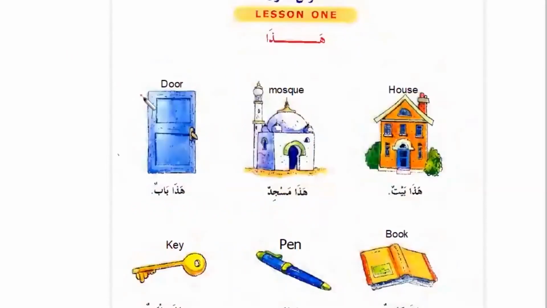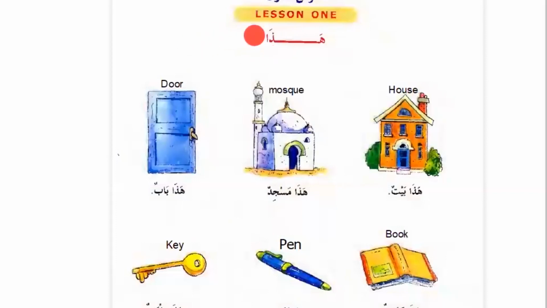So now let's go to the book. This is the first page of the book. What we just saw was a brief explanation of the first part of the lesson. So we are now reading from the book. You can observe here, Ad-Darsul Awwal, lesson 1.